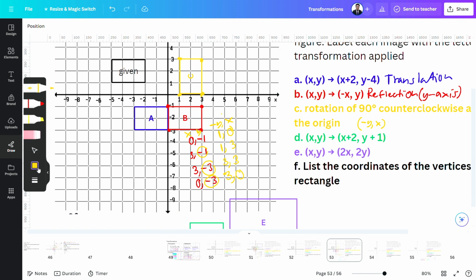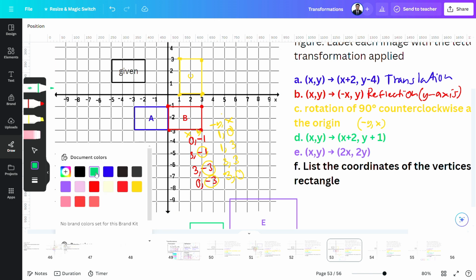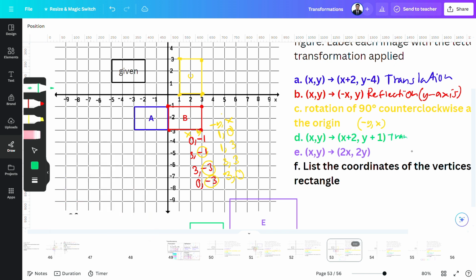Take note that, again, letter A is translation, B is reflection, C is rotation. D is again another translation. And translation is the easiest, right? We will just do the counting of moving the figure.